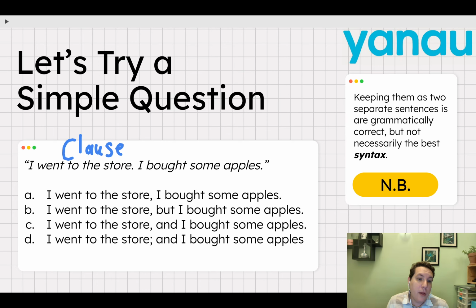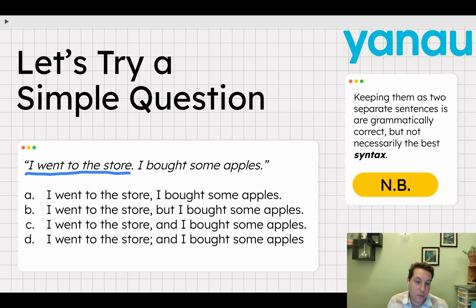And at the same time, they can be a sentence unto themselves. What does that mean? Well, let's look at this. I went to the store. This is a clause. It has one key part of the sentence, and it's enough to make a sentence. It has a subject, it has an object, or a predicate, or however you want to put it, and it ends with a period.